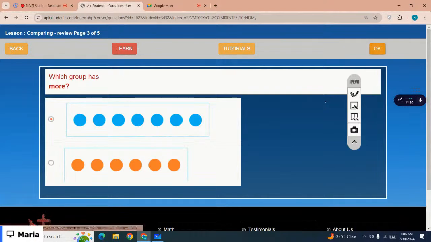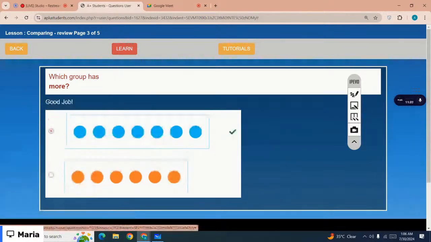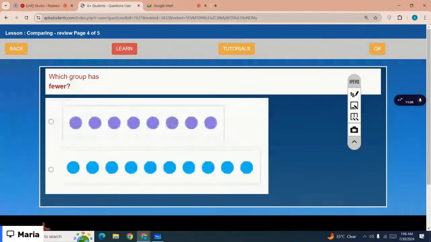The correct option is blue. Which group has fewer? The purple, the blue.